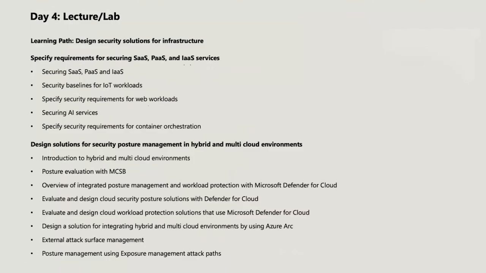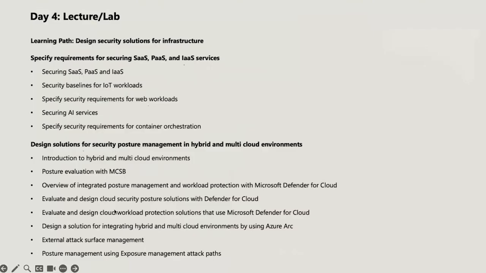Now, what other things do we have? We have another topic, design solutions for security posture management in hybrid and multi-cloud environments. Here we'll talk about an introduction to hybrid and multi-cloud environments, and posture evaluation with MCSB, the Microsoft Cloud Security Benchmark.